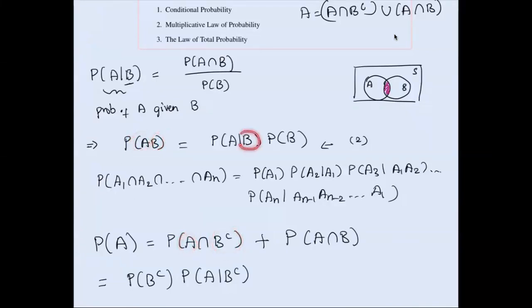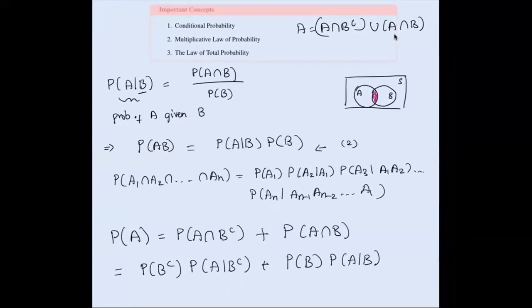So anywhere you see B, you change it to B complement. And I also apply the multiplicative law to this term. I would have probability of B multiplied with probability of A given B. So what I just wrote here is the third one, law of total probability.